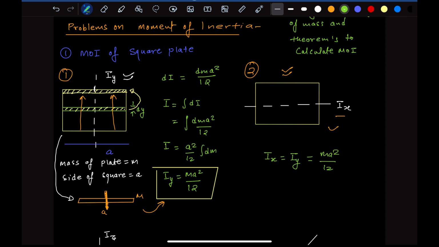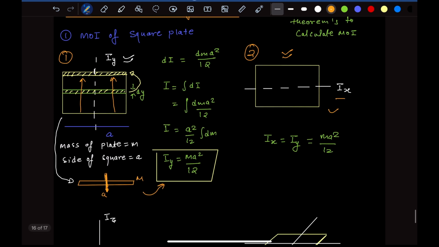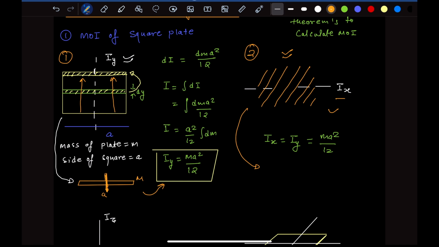Or you can use the shifting of mass again for this case as well, right? Okay, let's look at how we will use the shifting of mass. So instead of taking this complete square plate, if I take an elemental rod somewhere here and shift this elemental rod to any place, so if I shift this elemental rod from this place to this place, the moment of inertia will not change.